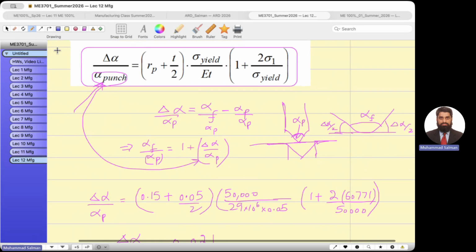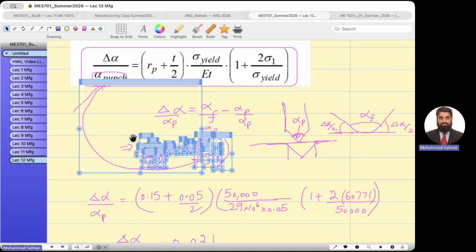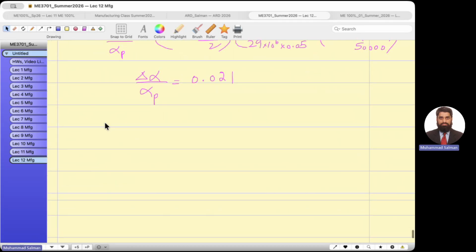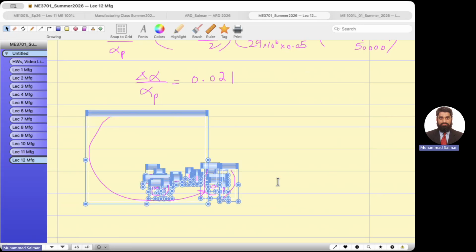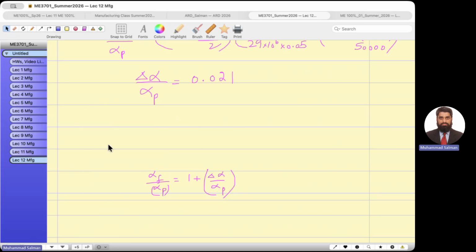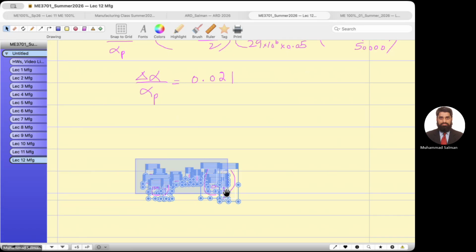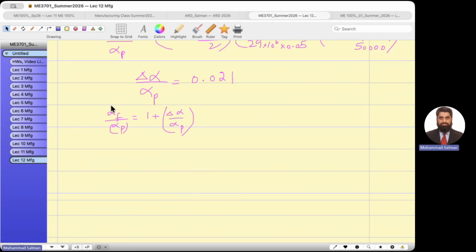Now look, the final formula. I'm going to finalize this answer. Look, I need this formula to find out the alpha punch to acquire this radius. You already found this ratio. Alpha final is 90 degrees, 1 plus 0.021. Can you do the math for finding out this punch angle?